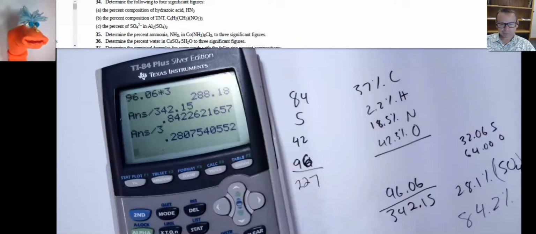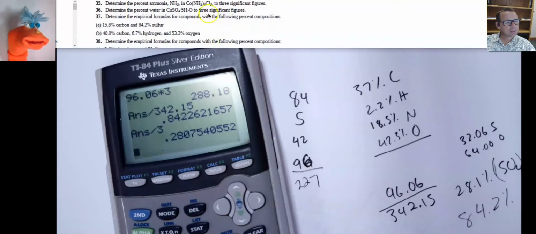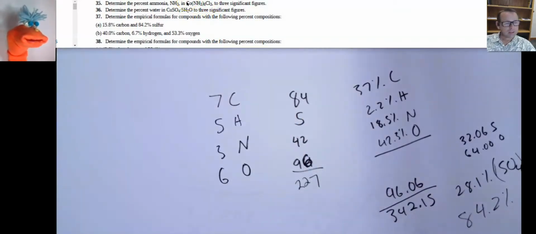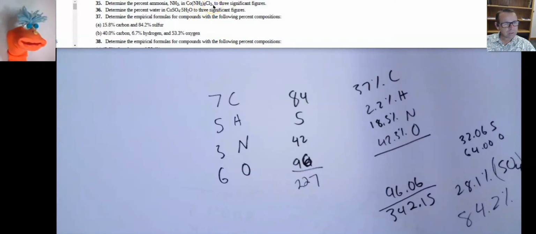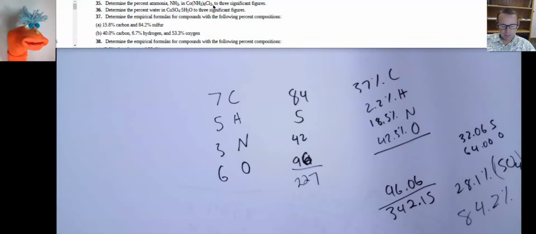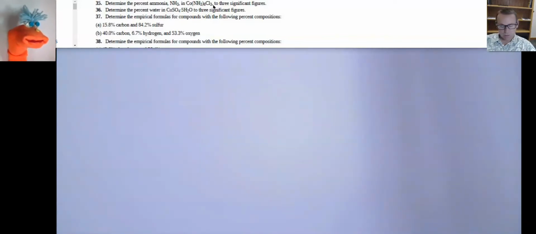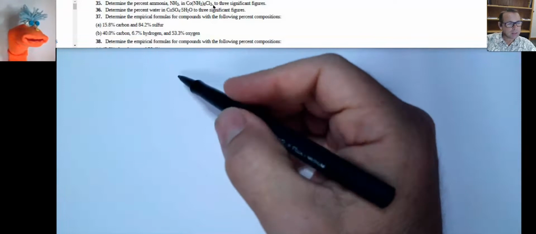Okay. All right, determine the percent ammonia in that mixture there. What is that thing? Well, it's a cobalt ion, and that ion is coordinated by 6 ammonia and 3 chlorine. Well, it's actually probably coordinated by 6 ammonia, and then there's 3 chlorines that are part of that ionic species.